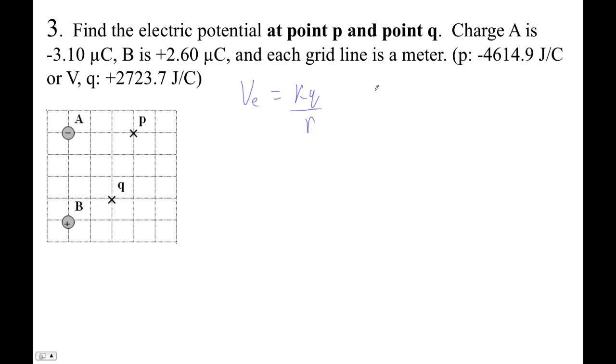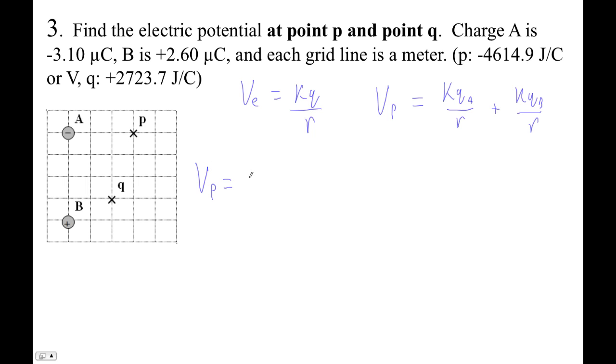So the potential at P will be KQA over R plus KQB over R. We're just simply going to add those up. The potential at Q will be exactly the same thing. The R's will be different, but that's the only difference. So here we go. Let's find the potential at P.